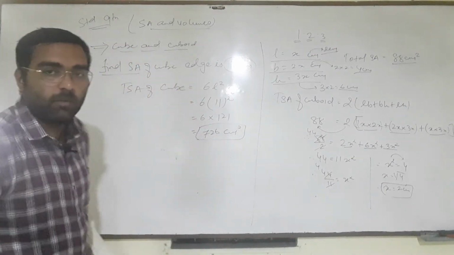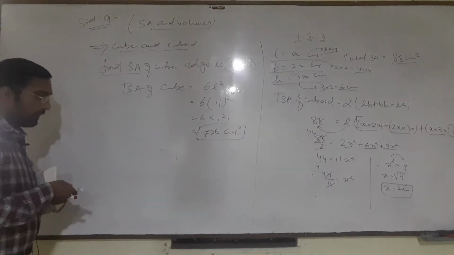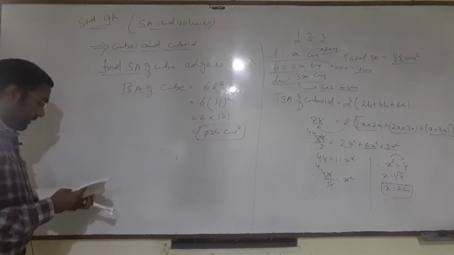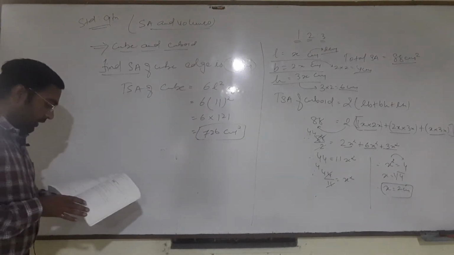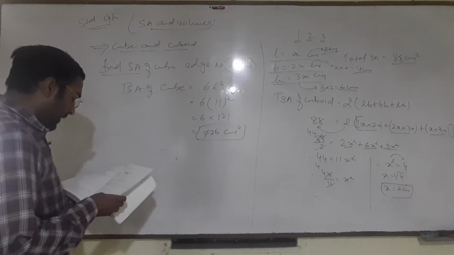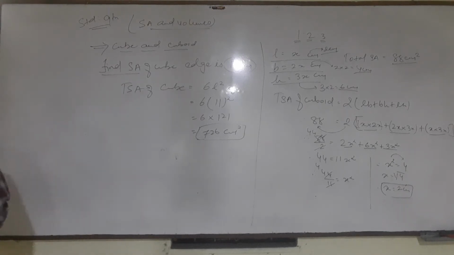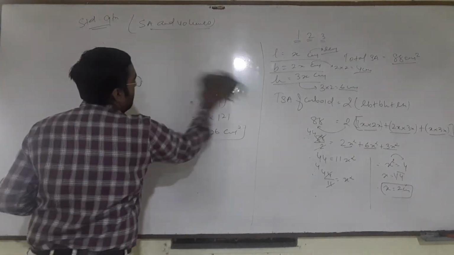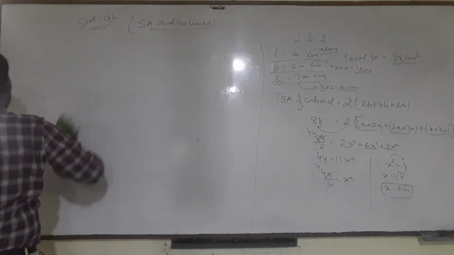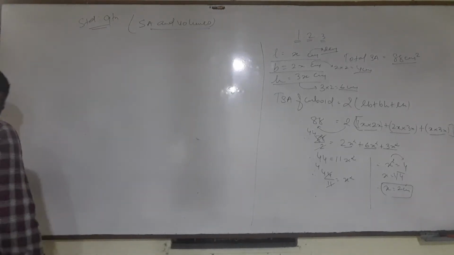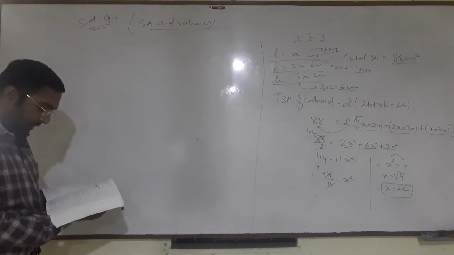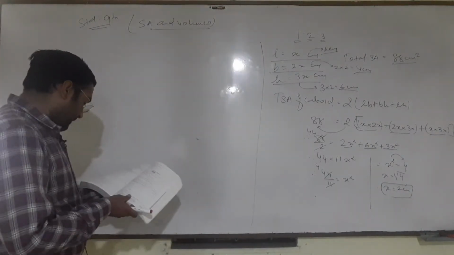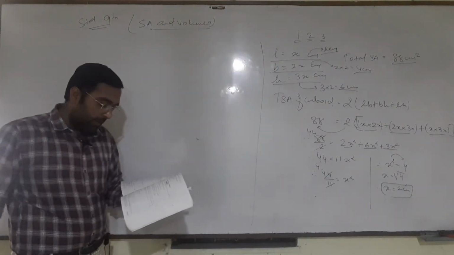Okay students, now we are moving on to the next example. The next example is: a cubical box has each edge 10 centimeter, and another cuboidal box is 12.5 centimeter long, 10 centimeter wide and 8 centimeter high.